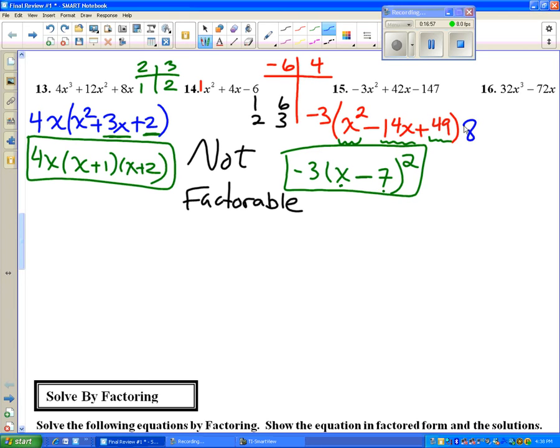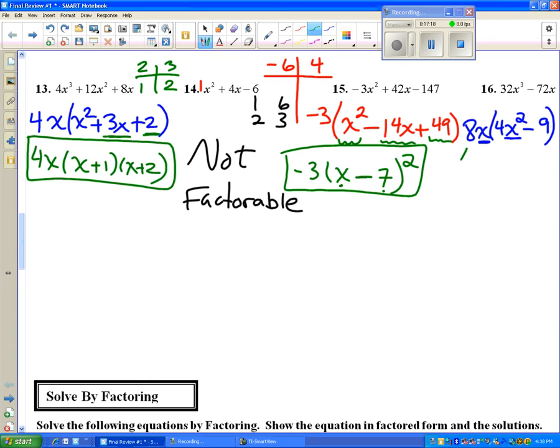The answer is 8x. 32x cubed divided by 8x is 4x. 72x divided by 8x is 9. Now this is a lie. This isn't 4x, this is 4x squared. I took out 1x, which leaves 2 x's on the inside.